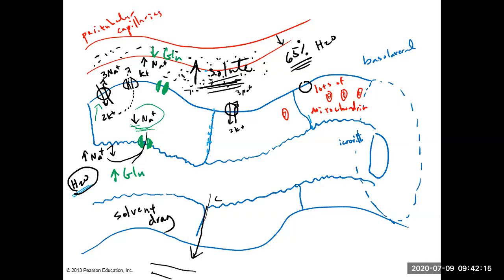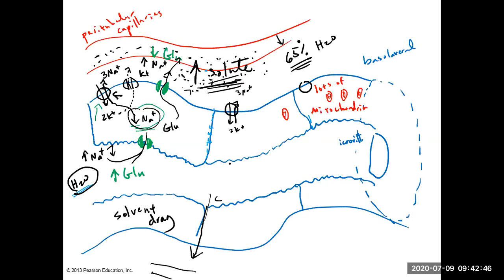And the driving force of it is this sodium potassium pump. So this is a secondary active transport. Glucose along with the sodium comes in. Obviously, the sodium that came in is going to go out again using the sodium potassium pump. And the glucose that came in is going to go through its channel and end up in the capillaries. So you just absorbed the glucose.